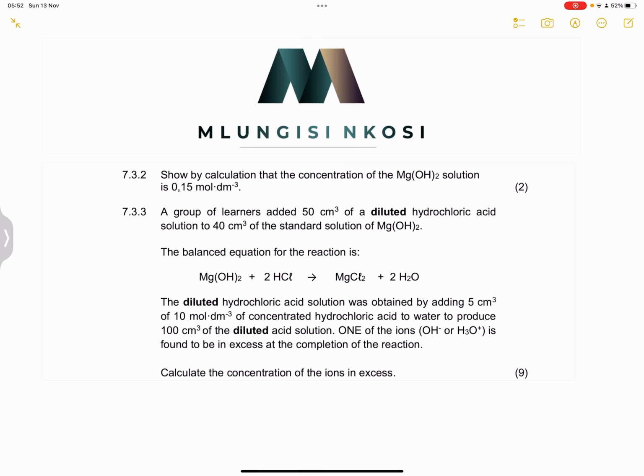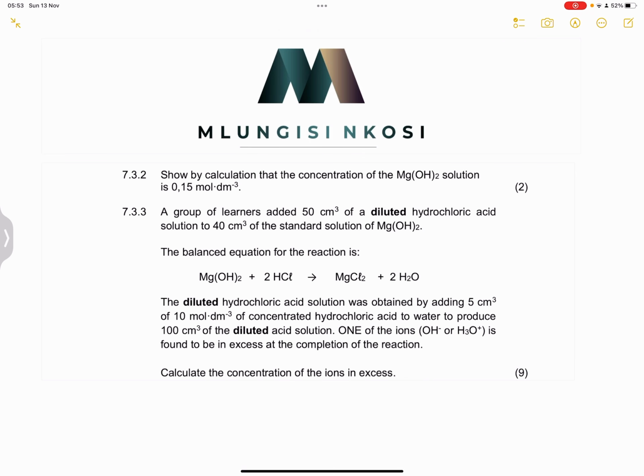The dilute hydrochloric acid solution was obtained by adding 5 cubic centimeters of 10 mole per cubic decimeter concentrated hydrochloric acid to water to produce 100 cubic centimeters of dilute acid solution. They say one of the ions is found to be in excess at the completion of the reaction. Calculate the concentration of the ion that is in excess.